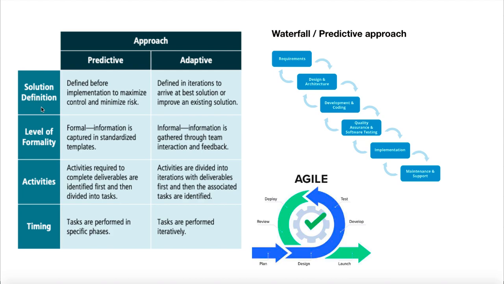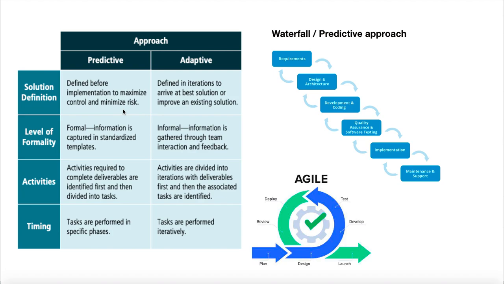So the first one is in terms of solution definition. Whenever you're working on a predictive type of project, the solution needs to be defined fully before implementation in order to maximize control and minimize risk.